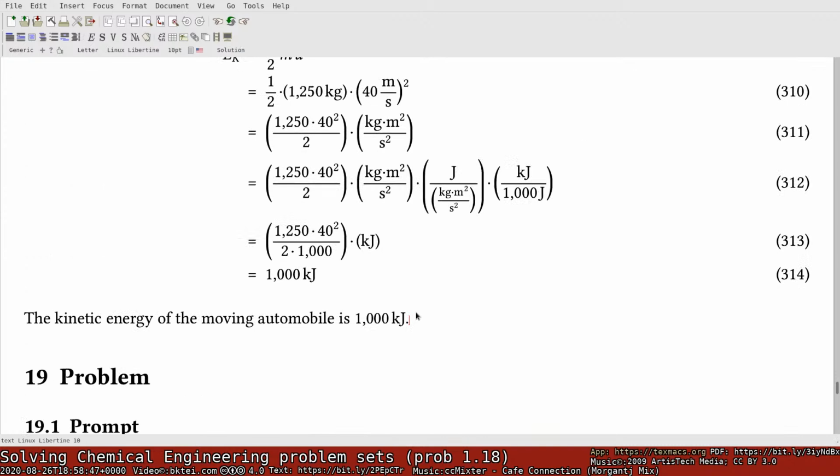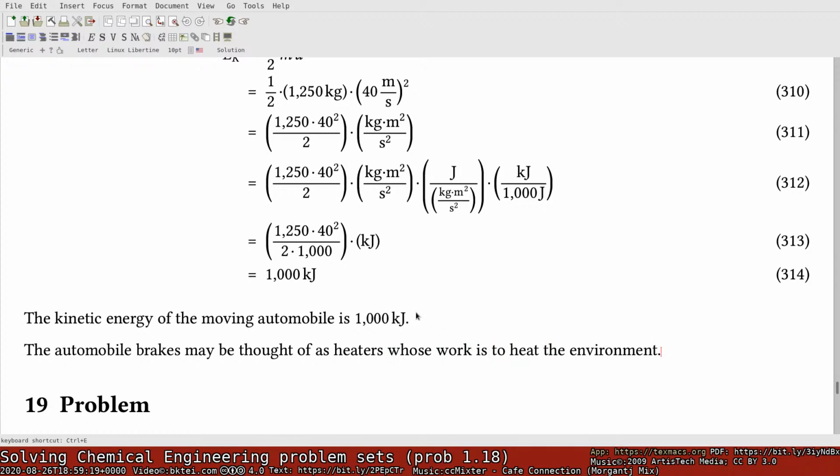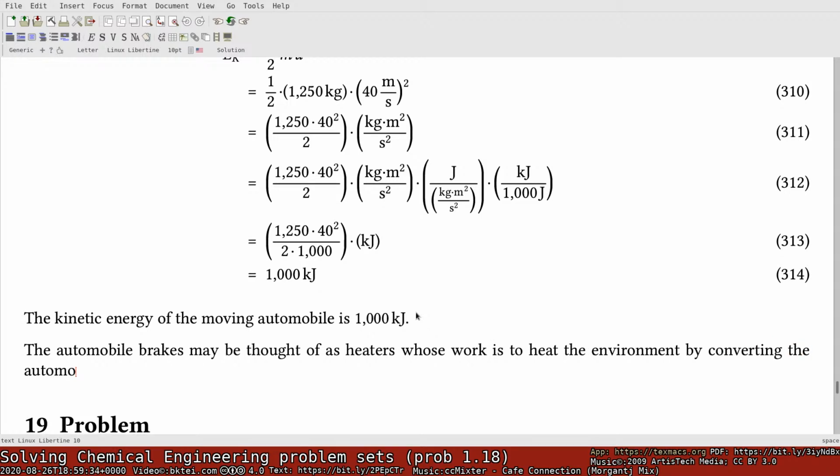The brakes must dump... So the automobile brakes may be thought of as heaters that heat the environment, heaters whose work is to heat the environment, by converting the automobile's kinetic energy into heat energy.